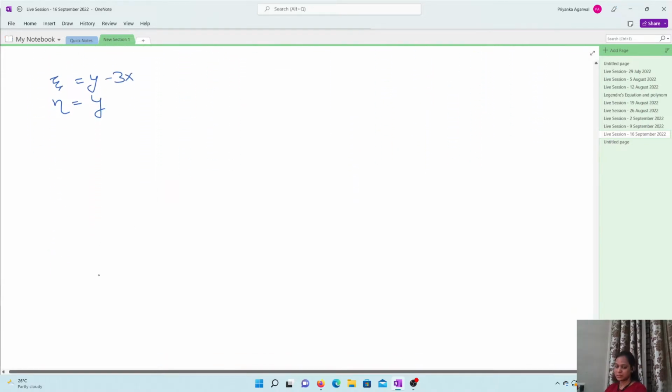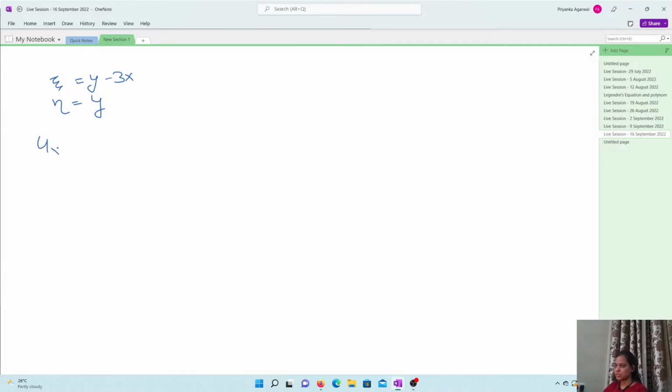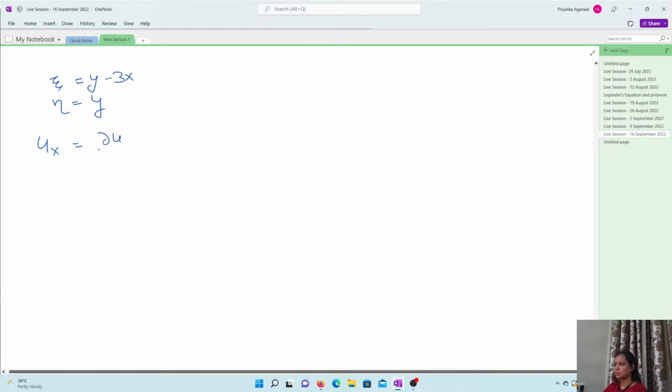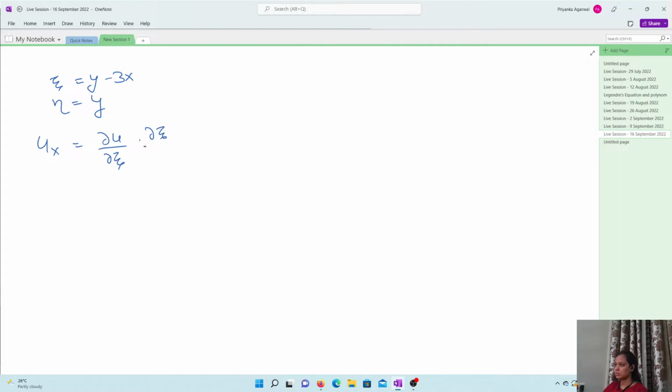Now let's do the transformation over here. So u of x can be written as del u over del xi into del xi over del x plus del u over del eta into del eta over del x.